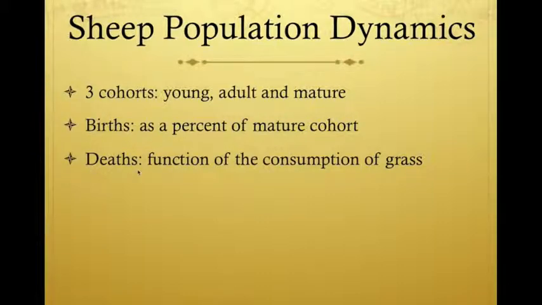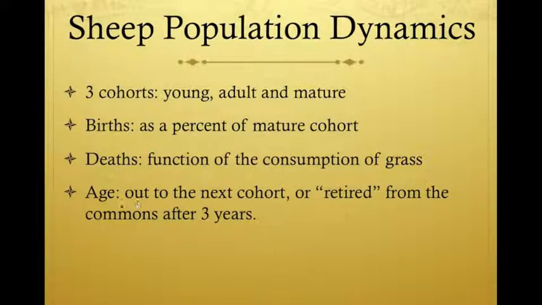The deaths of sheep are assumed to be a function of the consumption of grass, and I'll show you how that dependence is drawn in. The general idea is that consumption of grass controls the death rate. So if you consume too little, you die faster. If you consume plenty, then you don't die as often, or you may die for other causes, not because you're not eating grass.